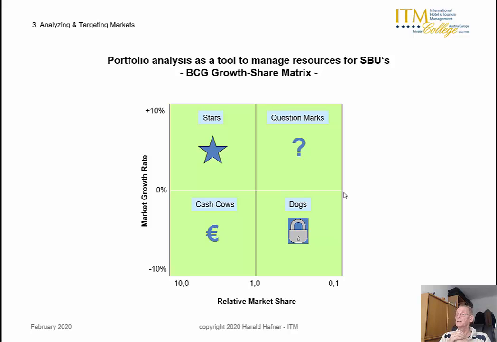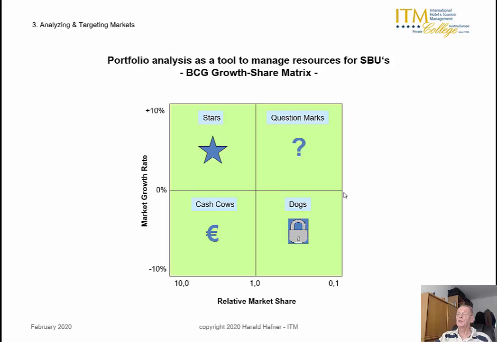Markets characterized by growth rates of 10% or higher are generally viewed as high growth markets, and those with growth rates lower than 10% as low growth markets. In a sense, the high and low categories along the market growth dimension are proxies for the growth and maturity stages of the product market life cycle.